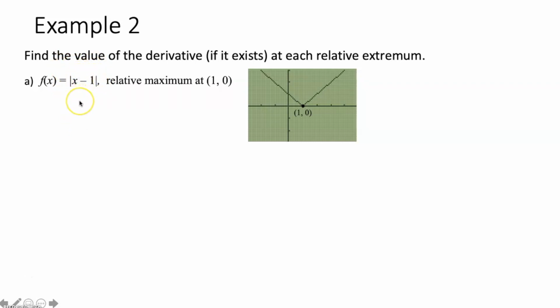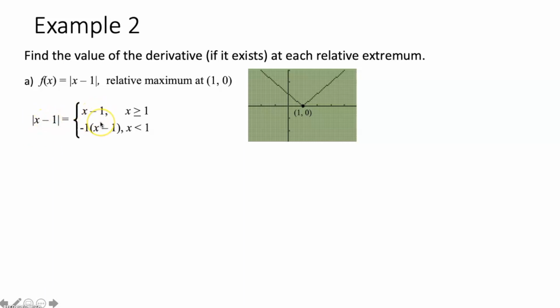So when x is greater than or equal to 1, we just have x minus 1 for this function. But when x is less than 1, the absolute value comes into play. So if I plug in -1, -1 minus 1 is -2, and then the absolute value of that makes it positive 2. So I write this as the opposite of whatever x minus 1 is when x is less than 1. So now I have broken this absolute value function into a piecewise function.